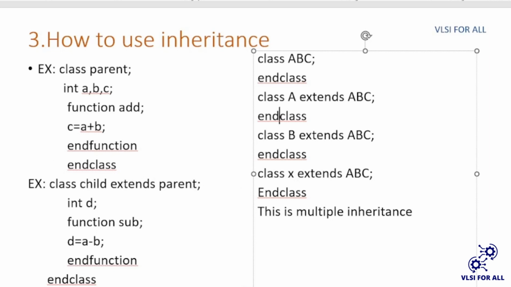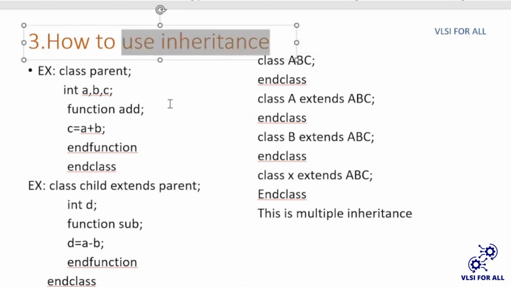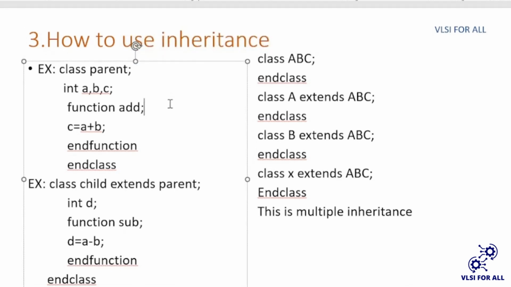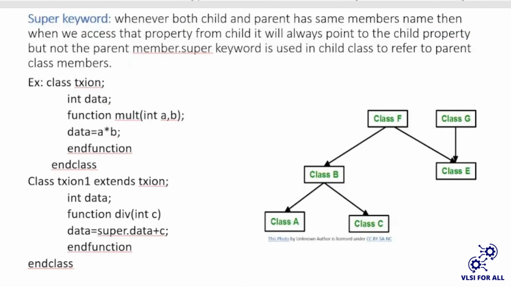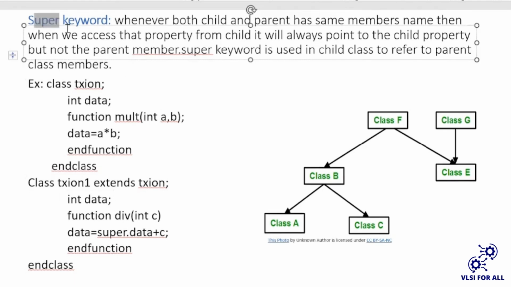The next important thing we need to know about inheritance is the super keyword. Why do we need to know about the super keyword? Whenever there are similar properties and methods in a class, then we need to go with the super keyword.